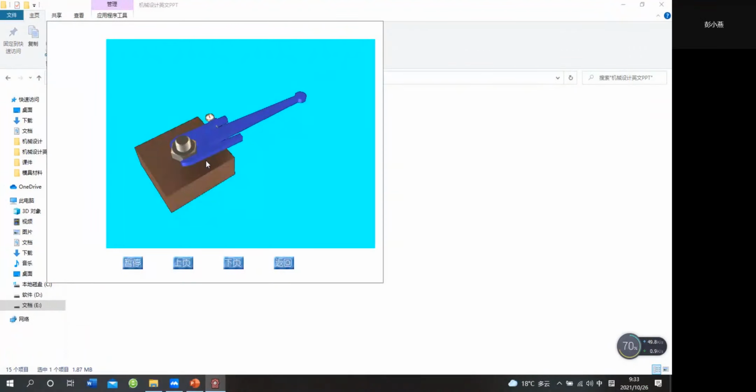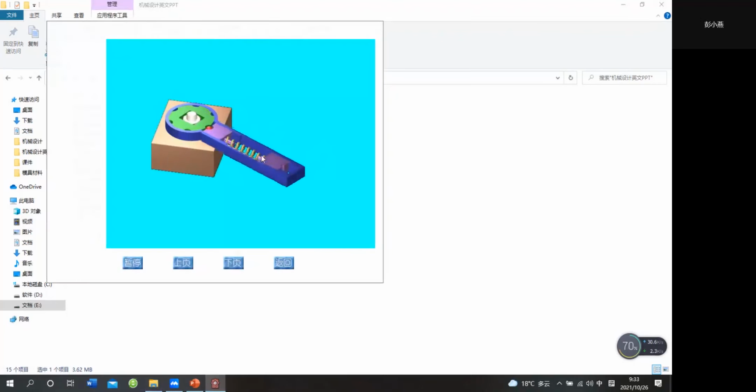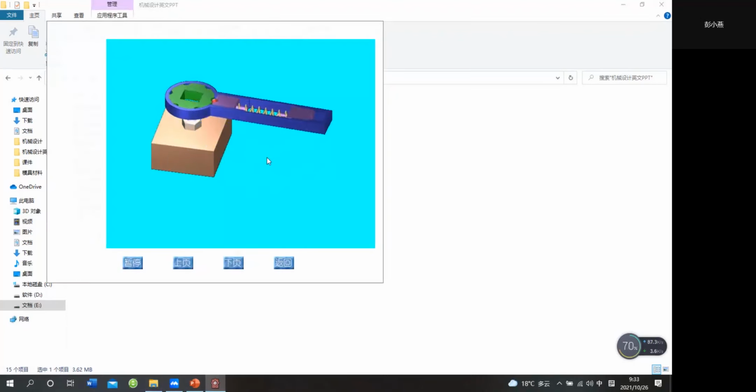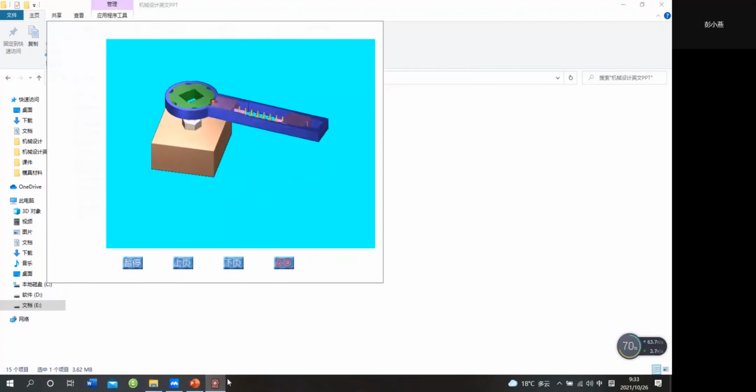This is the measuring torque spanner. We can see the output torque value from the instrument. And this is the fixed torque spanner. The output torque value is fixed.